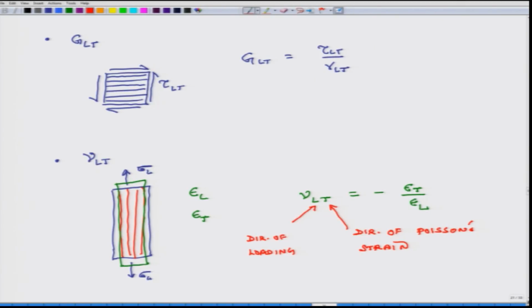So, the first subscript says that you pull it in the L direction, and the second subscript says that when you are pulling it in the L direction, measure the Poisson strain which is in the transverse direction, and then take the ratio of epsilon T over epsilon L and you will get nu LT. Okay. So, these are the 4 engineering constants for any orthotropic material which is subjected to a plane stress state.